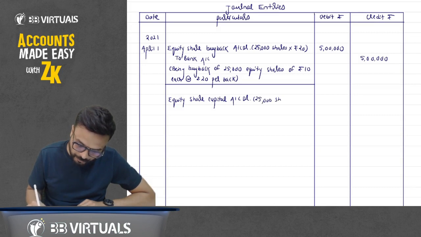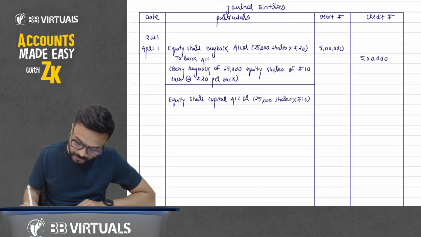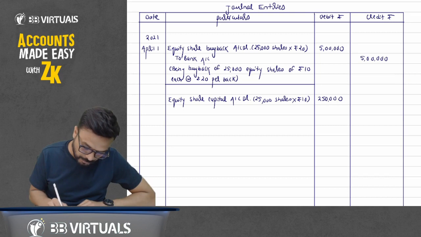25,000 shares, and face value of one share is rupees 10. That comes to 2,50,000.